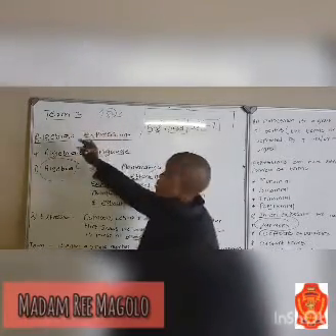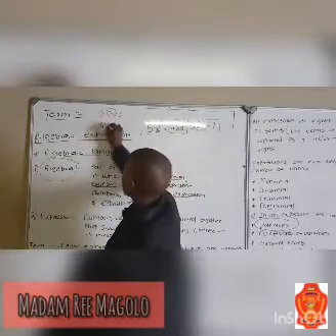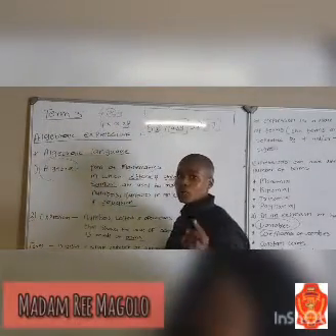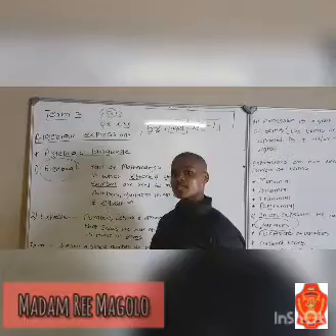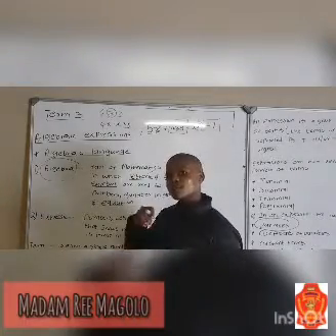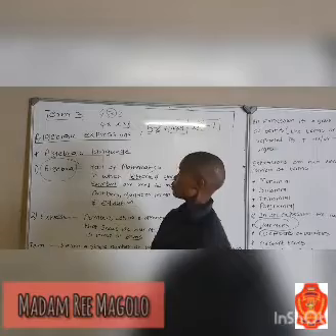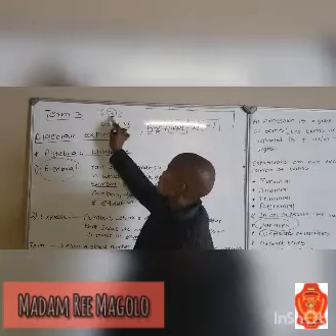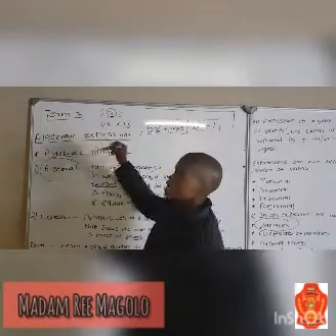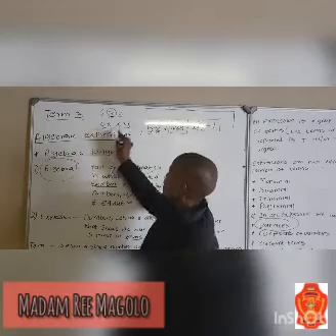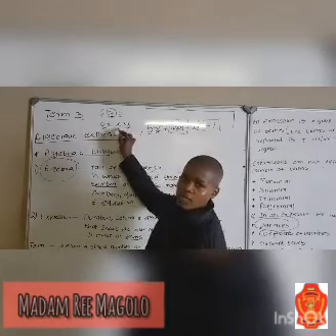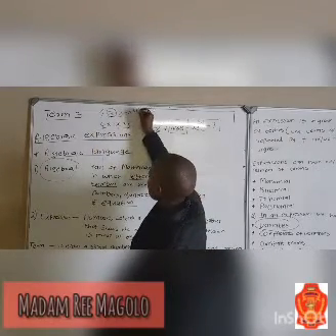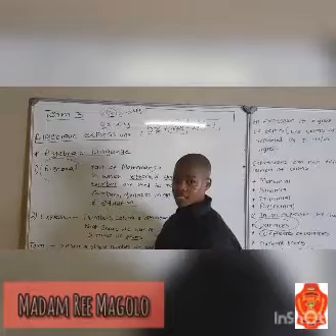I want you to know that 4xy originates from 4 multiplied by x multiplied by y. So remember that a coefficient of a variable is either a number or a variable that multiplied that particular variable. So I have got 4xy and they want to know what is the coefficient of x. I will have to know that 4 multiplied the x as well as y multiplied the x. So it means the coefficient of x in this case will be 4y. Does that make sense? I hope it does.